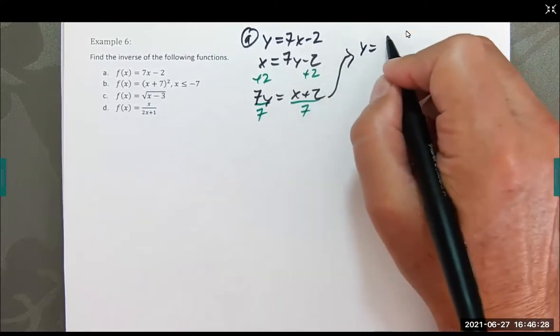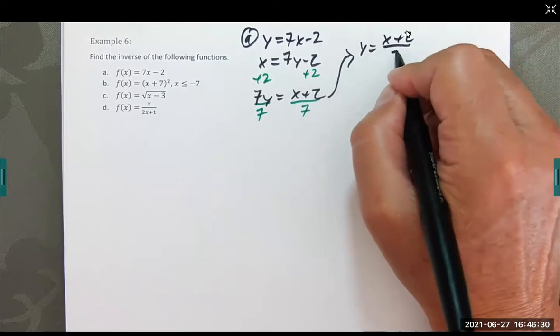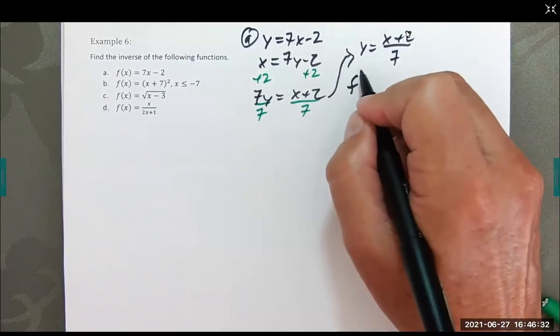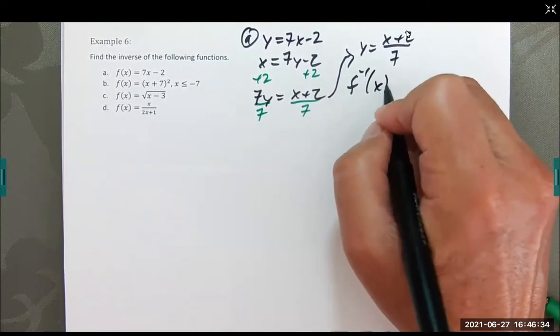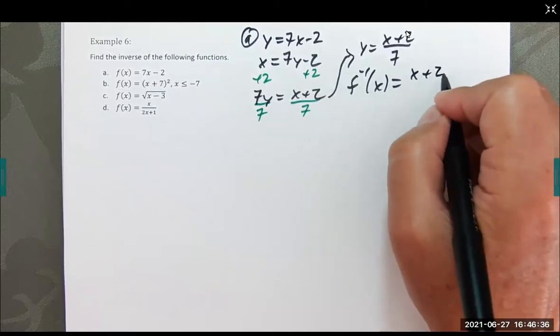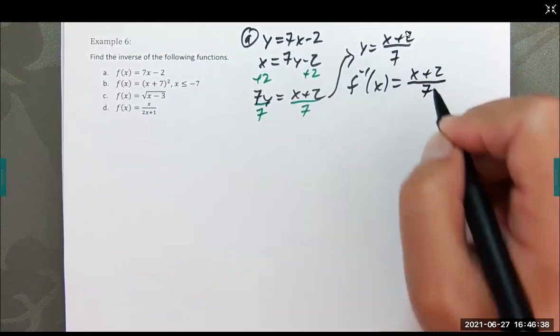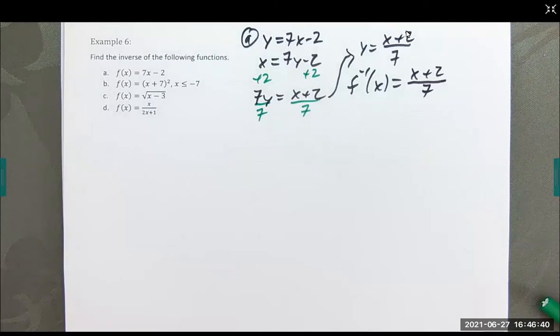Y equals (x plus 2) over 7. And the last part is replace the y with f inverse. That is how you find the inverse of a function.